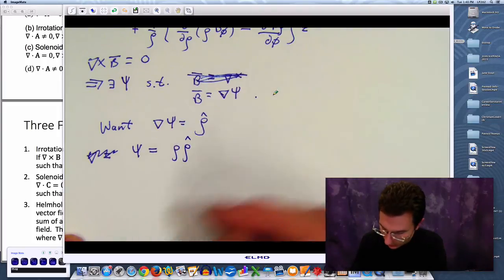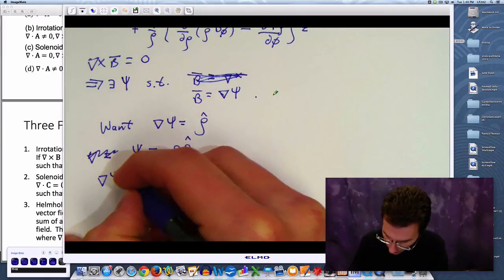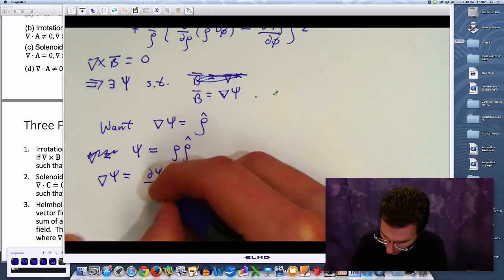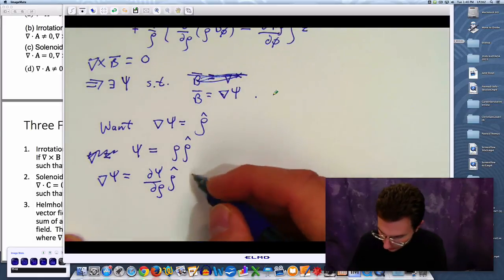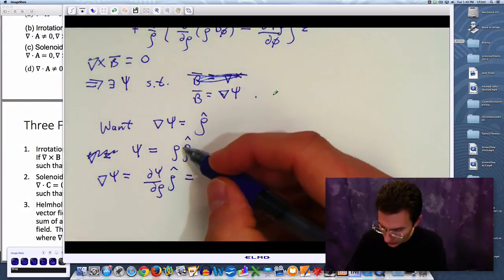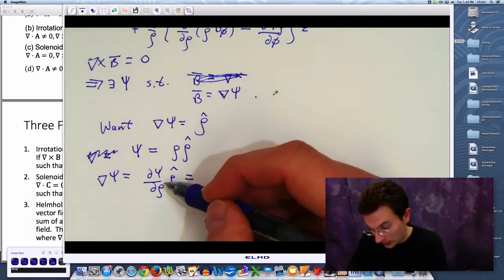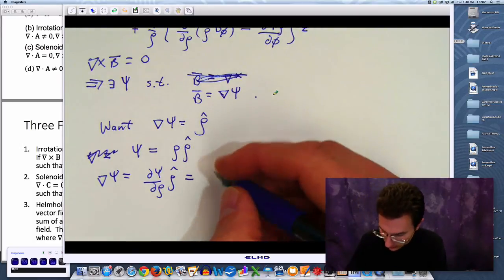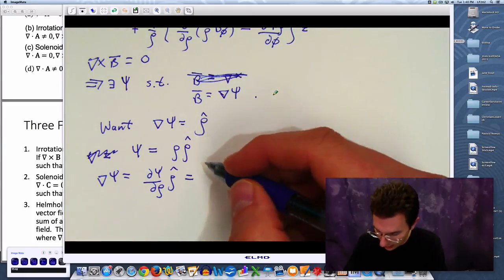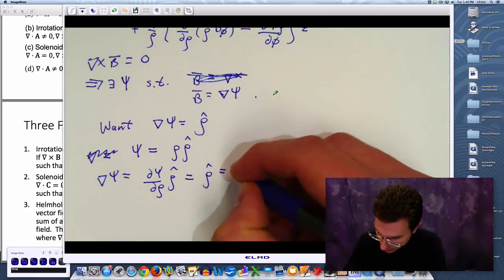Then since the gradient of psi in cylindrical coordinates involves the partial of psi with respect to rho in the rho hat direction plus a number of other terms that are equal to 0, and the partial of rho with respect to rho is simply equal to 1, in fact it does work out. The gradient of this particular psi, rho, is equal to rho hat, which is equal to B.